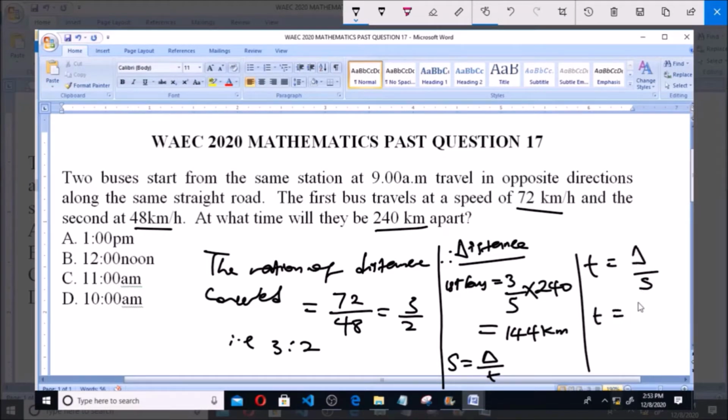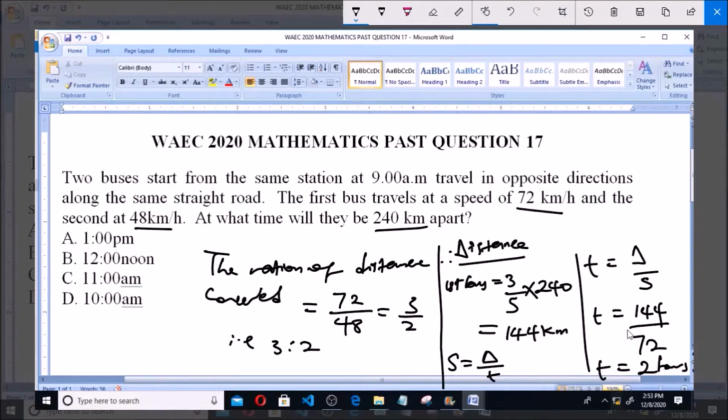So the time is equal to 144 kilometers over the speed of the first bus, which is 72 kilometers per hour. So t is equal to 144 divided by 72, and that is equal to 2 hours.